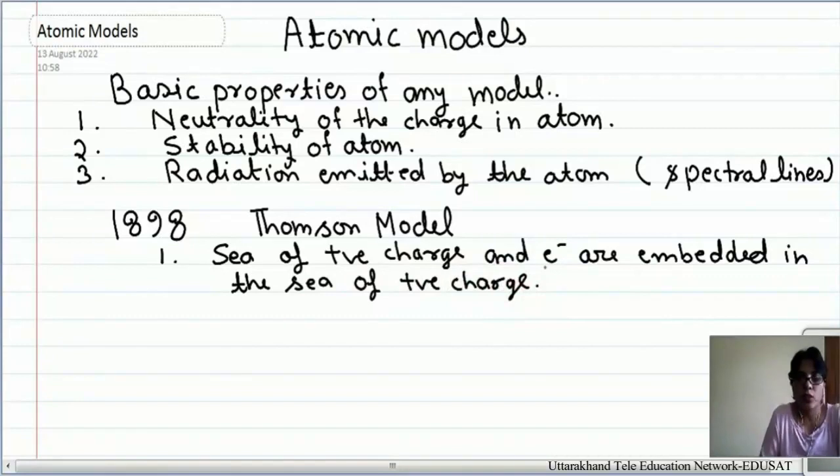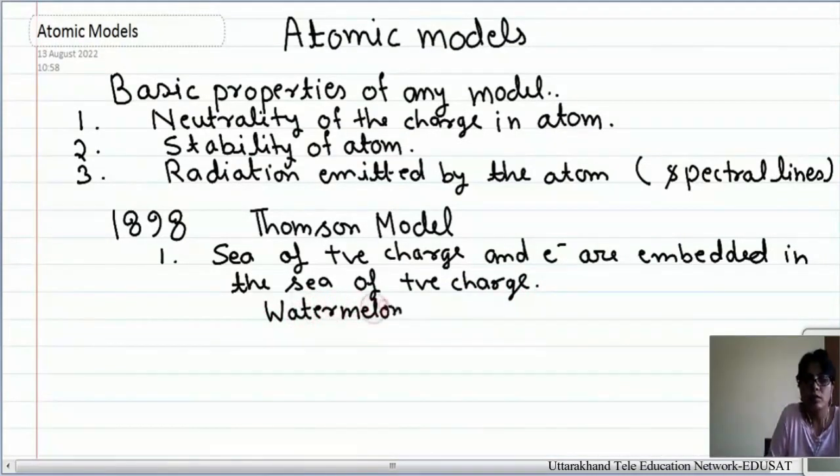So this is the Thomson model, and this model is also termed as watermelon model or plum pudding model.